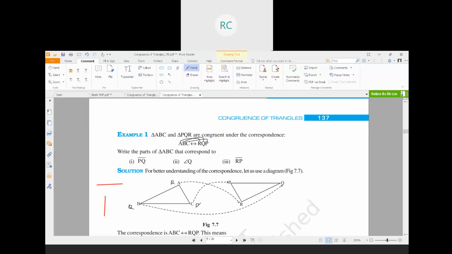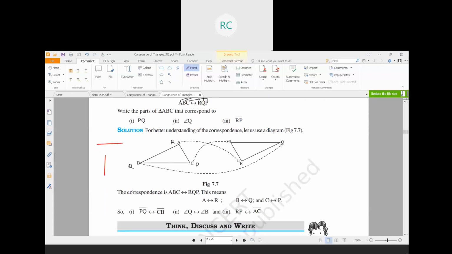Now I can easily write the parts of ABC that correspond to PQR. Now PQ means CB. Angle Q means angle B. And line segment RP actually means AC. So if I just write like this, it becomes very easy for us to understand the corresponding parts and write them down.